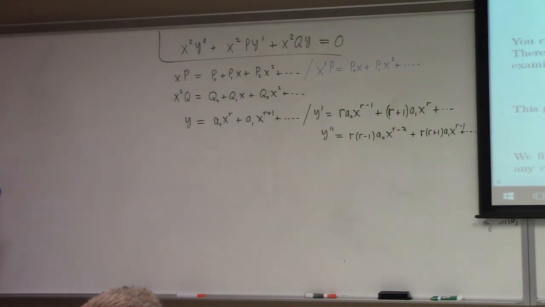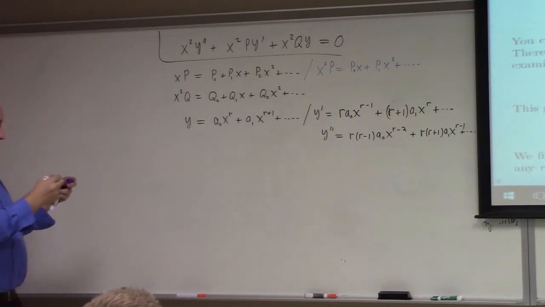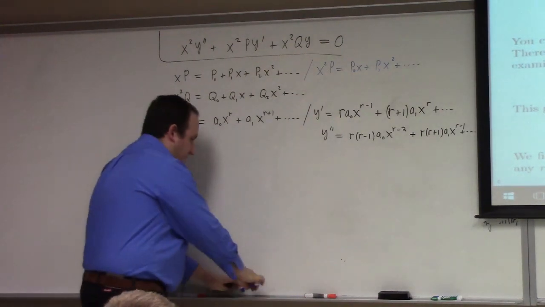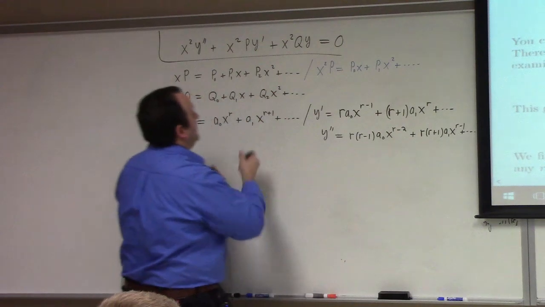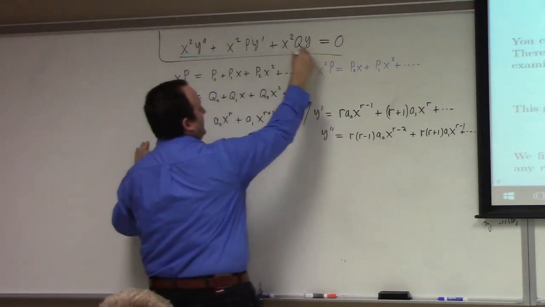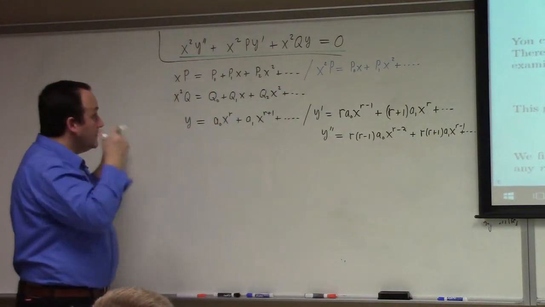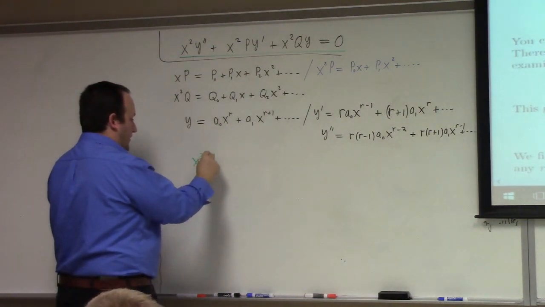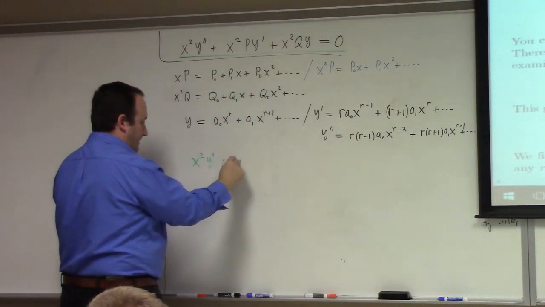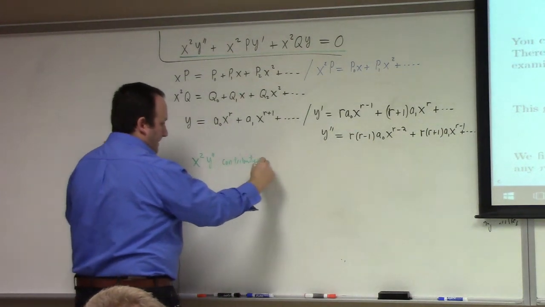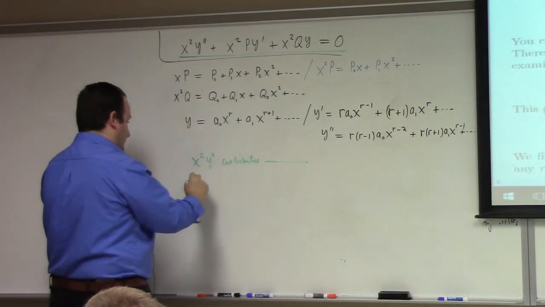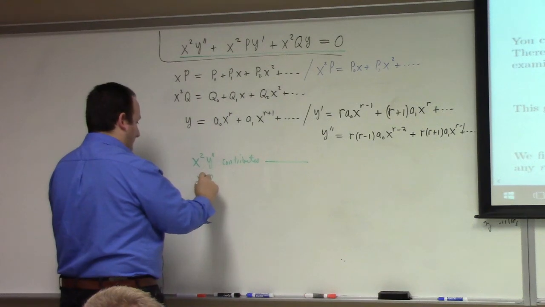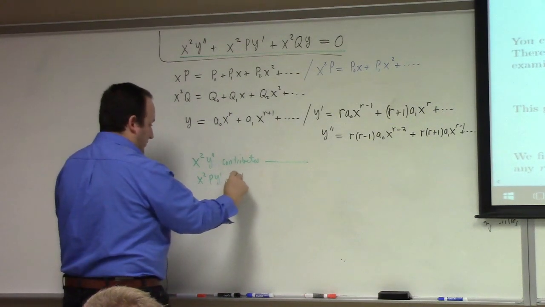So I think I have everything on the board to think about what is coming from this right here if we just look at the lowest order terms, right? So let's see here. x squared y prime prime contributes what? And x squared p y prime contributes what?